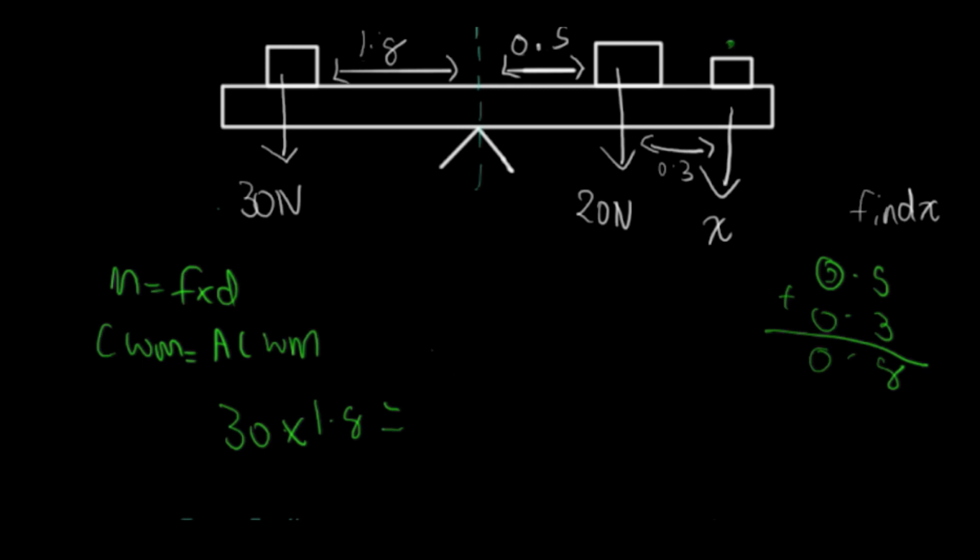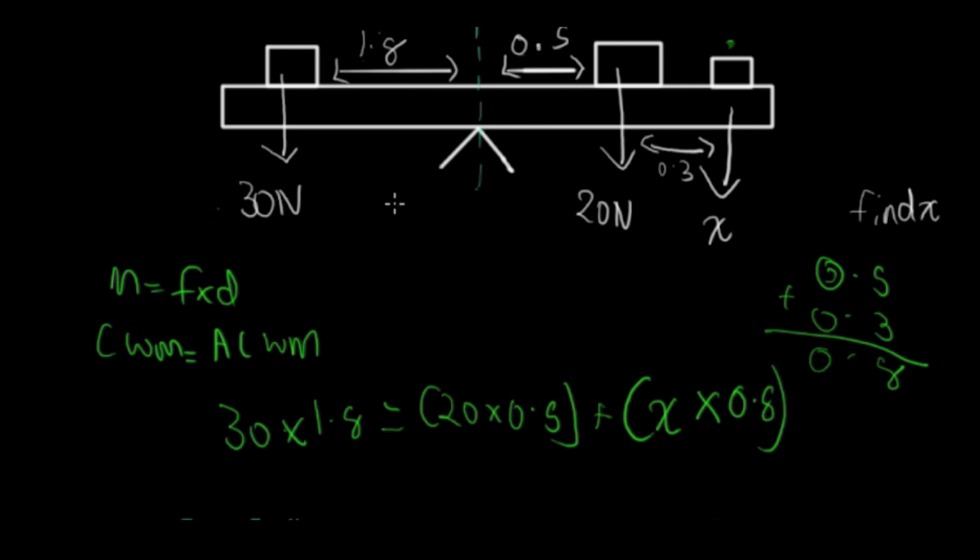So this is equal to 20 times 0.5, and we add brackets to make it linear, plus x times 0.8 because of the distance of this object from the pivot.